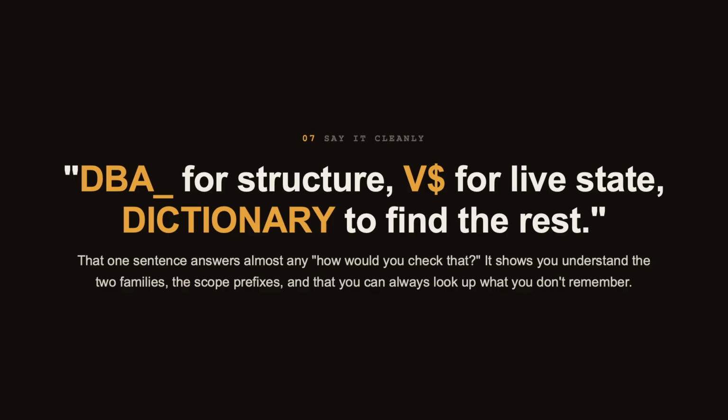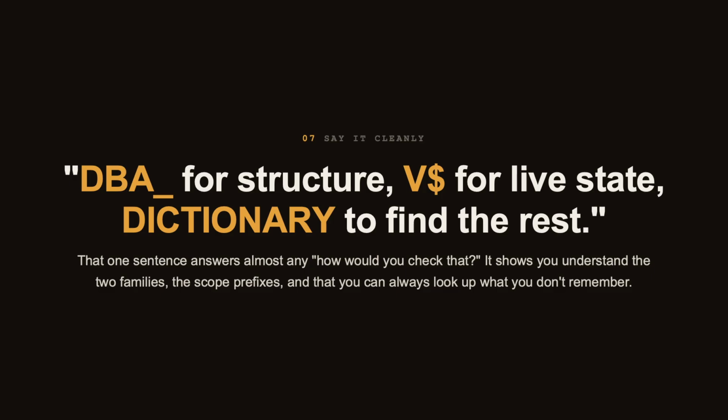Let me hand you the sentence that ties this whole chapter into a bow, the one to deliver whenever views come up. DBA views for structure, V$ views for live state, and DICTIONARY to find whatever you don't remember. That's it. In one line, you've shown you understand the two families, persistent structure versus live activity.